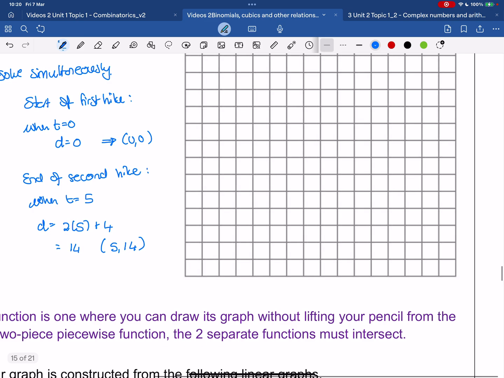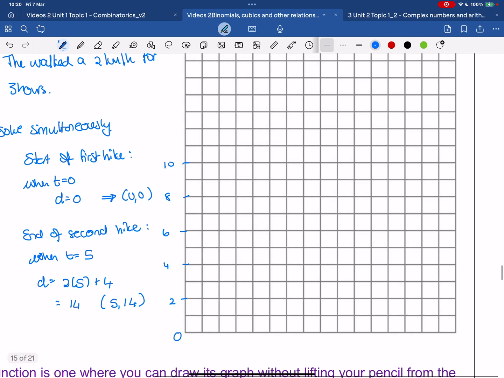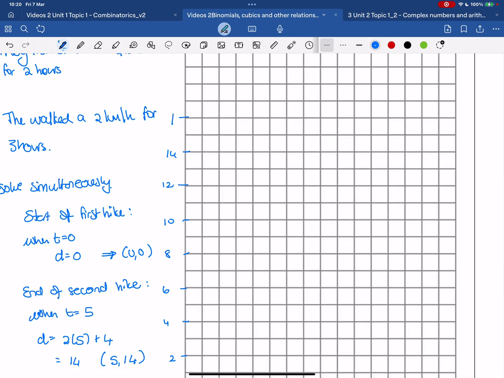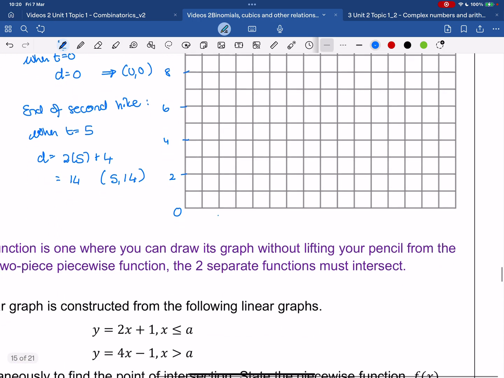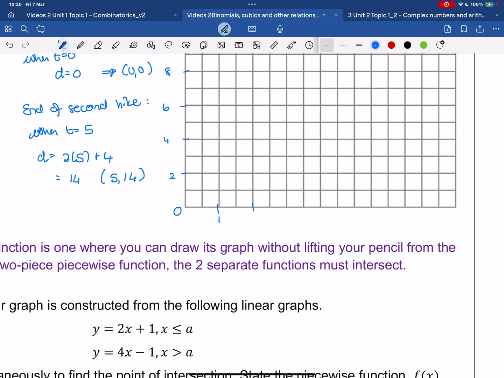Let's go with it. So we have 0, 2, 4, 6, 8, 10, 12, 14, and you have to go up as high as 16, and this is going to be distance in kilometers. And my time, 1, 2, 3, 4, 5, and this is time in hours.